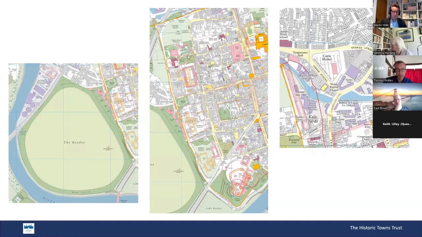This is a strip of land that you can see from the northern walls at the northwest corner, stretching down to the castle and back up. It's a broad strip of land between the western limits of occupation and the western city walls. The castle was located here from the late 11th century, and in the 12th century we had the foundation of the associated Benedictine nunnery of St Mary and our two friaries, which have already been mentioned.